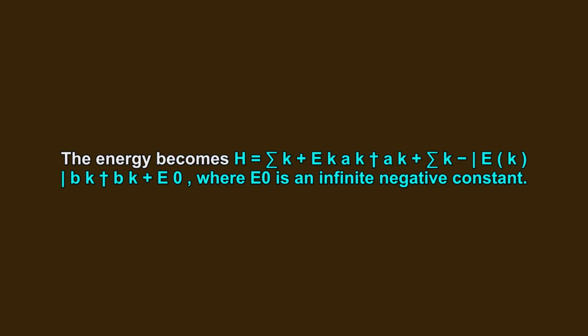The energy becomes H equals sum over positive E_k of E_k a_k† a_k plus sum over negative E_k of |E_k| b_k† b_k plus E_0, where E_0 is an infinite negative constant.